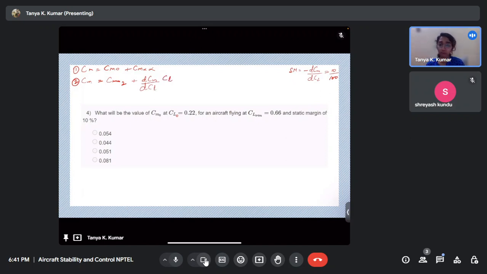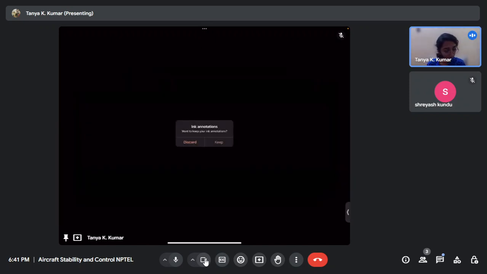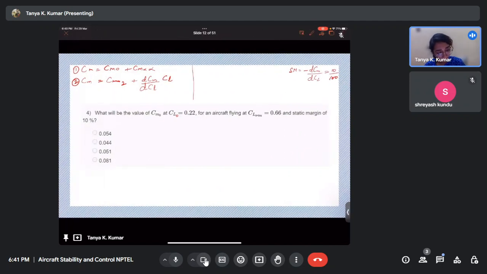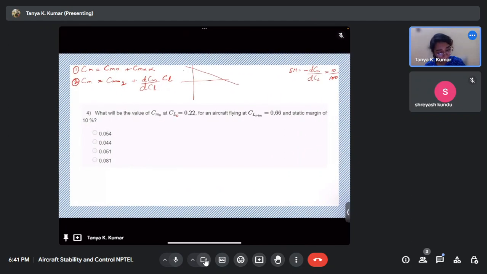So you have two graphs. One is Cm versus alpha, and the other is Cm versus Cl. Although both of them follow the same trend, this Cm naught value need not be the same. So this is the Cm naught that we have learned from the equations, and this is the Cm naught 2. In this question they've asked you to find Cm naught while the relation given to you is between Cm and Cl.